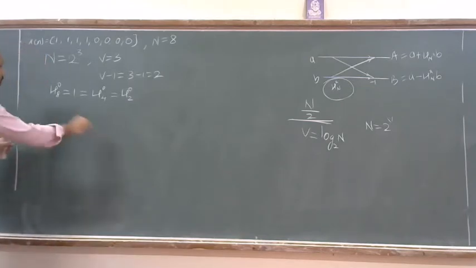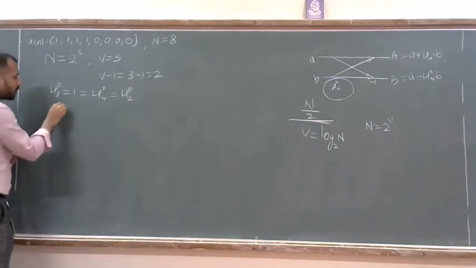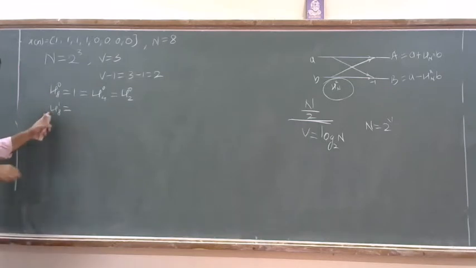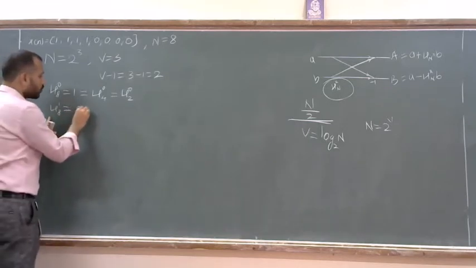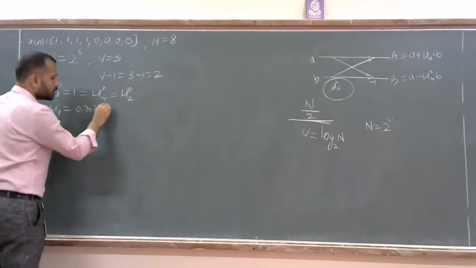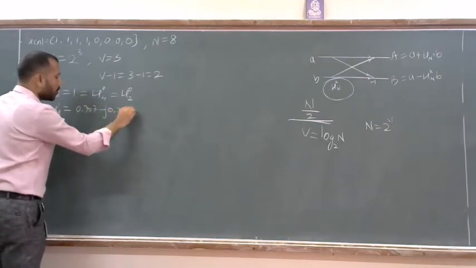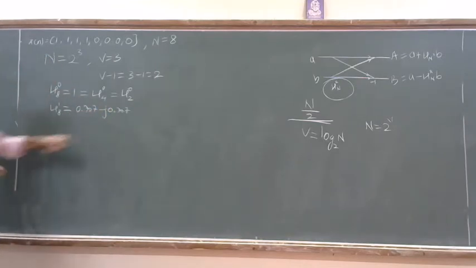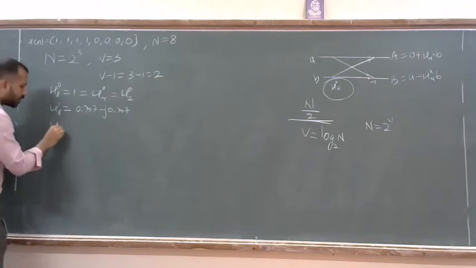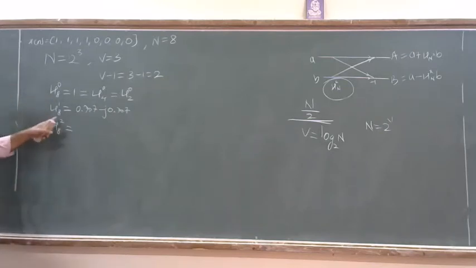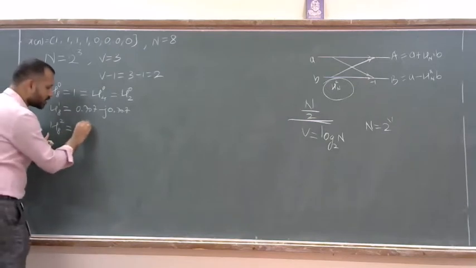Okay. Next, the twiddle factor required is W81, which is 0.707 minus j 0.707, or 1 by root 2 minus j 1 by root 2. The next twiddle factor that will be needed is W82, whose value is minus j.